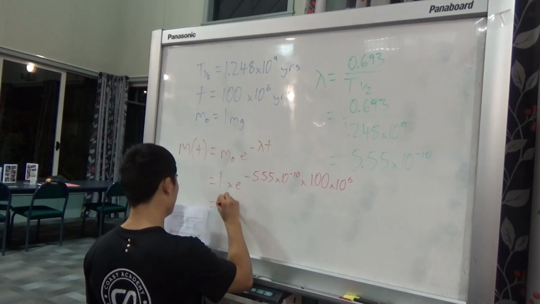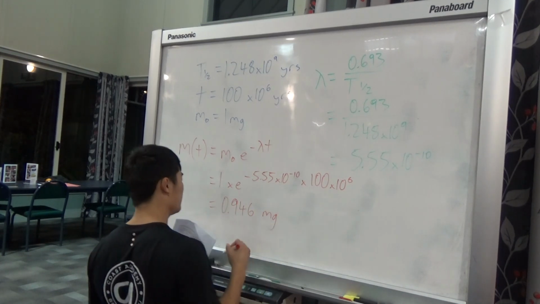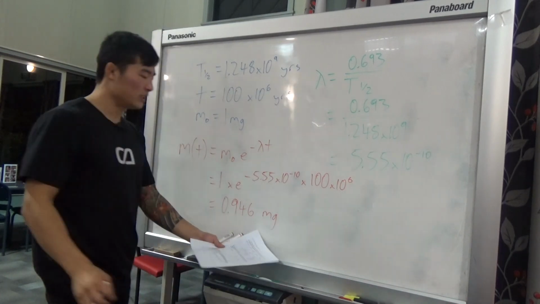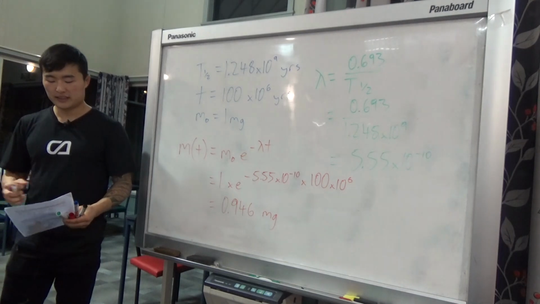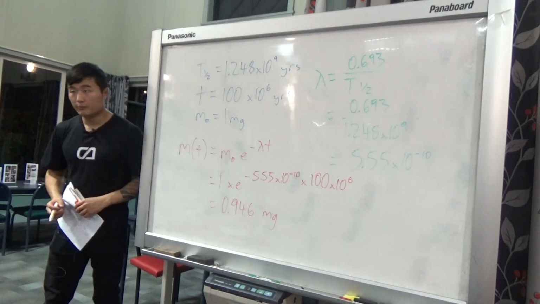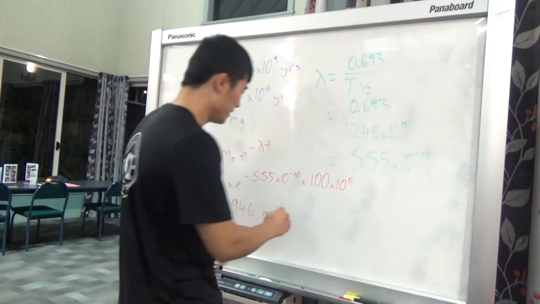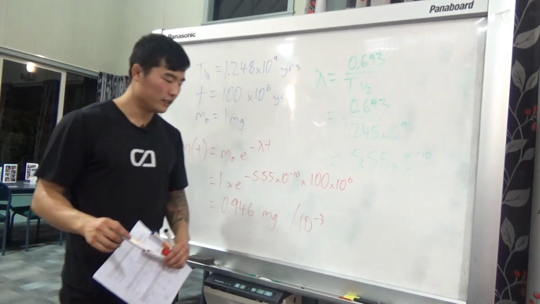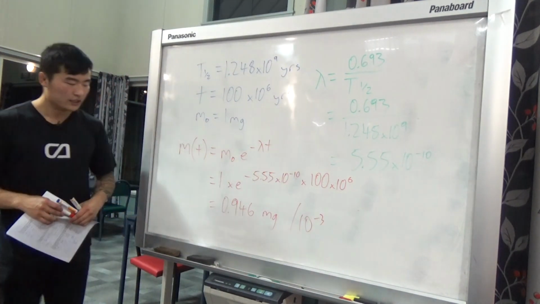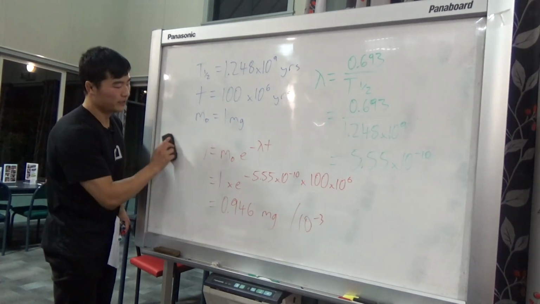And that will give you 0.946 milligrams. Okay, since we put in milligrams, we're going to get milligrams out. So 0.946 milligrams is equal to 946 micrograms. Okay, so if you wanted to go milligrams to micrograms, you just divide it by 10 to the negative 3. Or you could times it by 1,000, same thing.